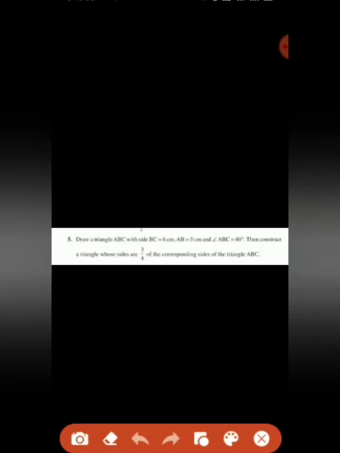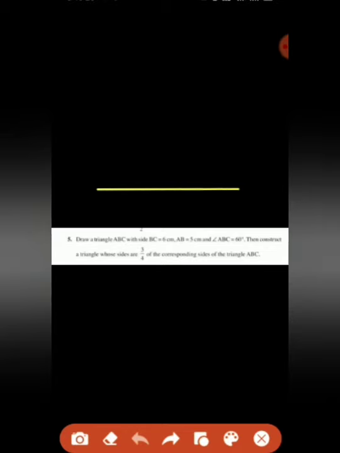After drawing triangle ABC, we need to draw a similar triangle. To do this, I am first taking a base.